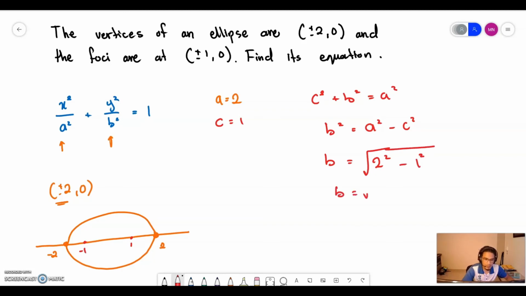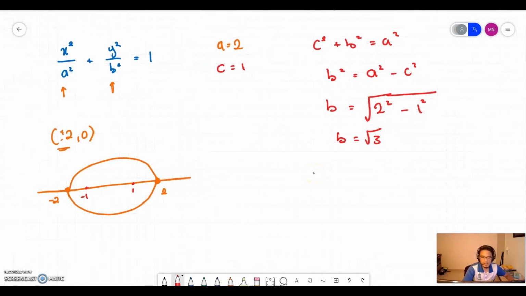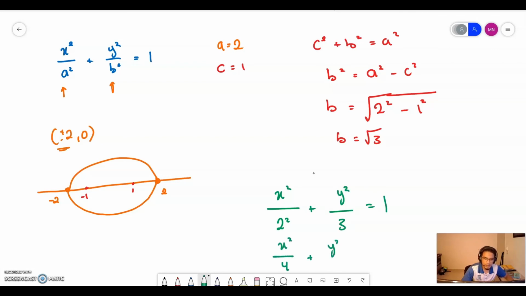So b is equal to square root of 3. So now we have a and b, so we can insert the value into the equation. So our equation for the ellipse is x square over 2 square plus y square over 3 equal to 1, or x square over 4 plus y square over 3 equal to 1. So this is the equation of the ellipse.